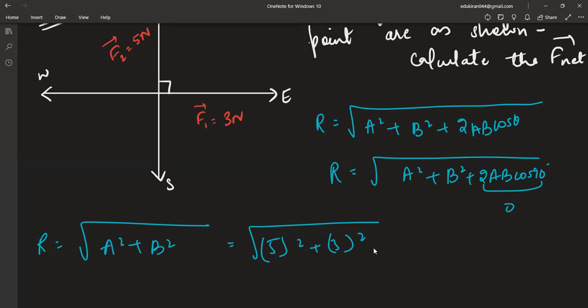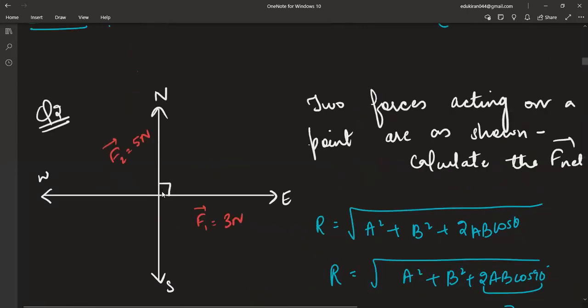No, this is 9 plus 25. So that is under root 34 Newton. Now this does not complete our answer. We'll have to take this as the resultant. So this becomes beta.